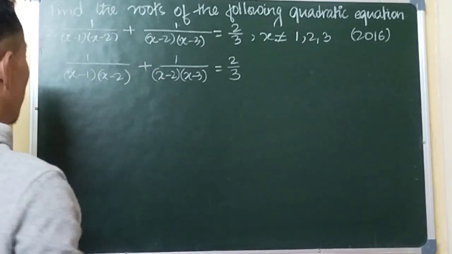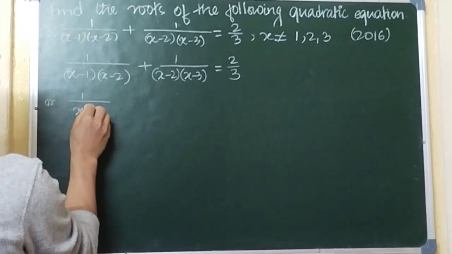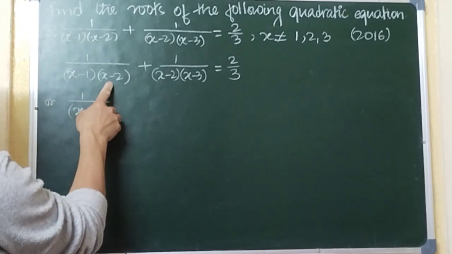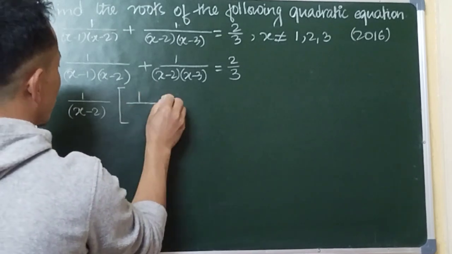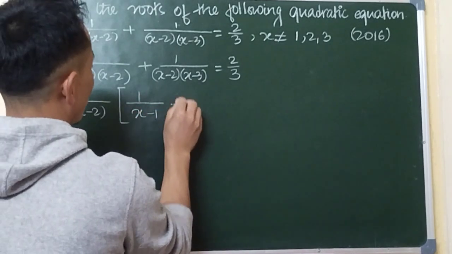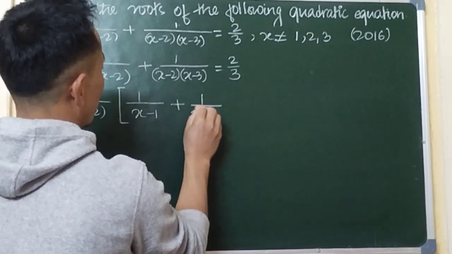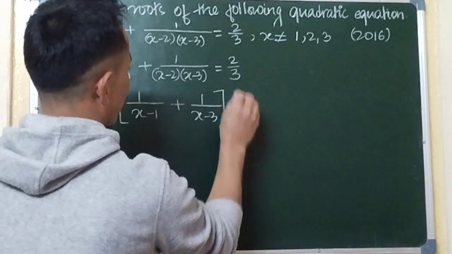So here we will take out the common first. So 1 divided by x minus 2 is common. Once you take out x minus 2 common, the remaining term inside the bracket will be, from here it will be x minus 1 plus, from here it will be x minus 3 equals 2 divided by 3.